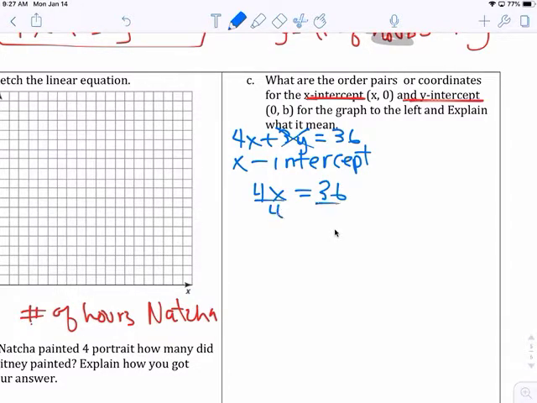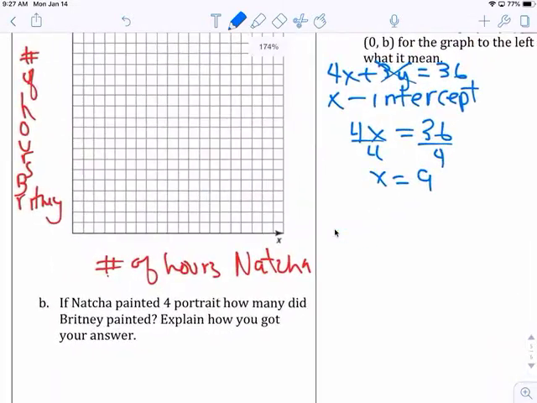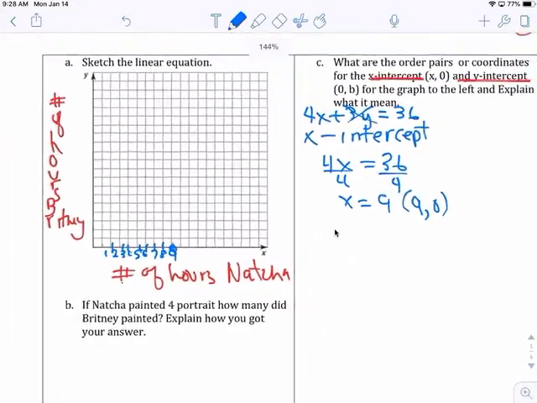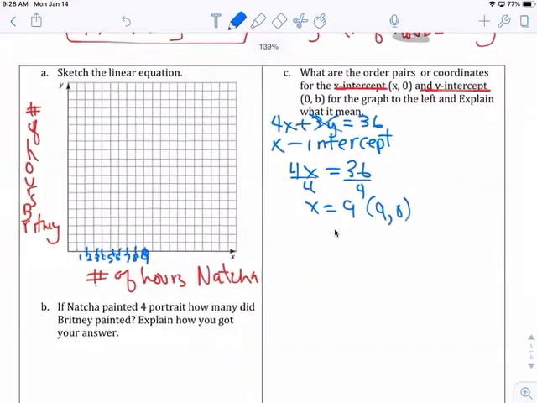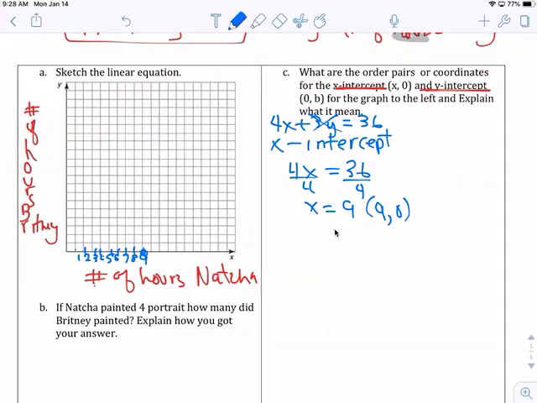Divide by 4. X is 9. 1, 2, 3, 4, 5, 6, 7, 8, 9. Okay, that's (9, 0), right? Natcha has to work 9 hours when Brittany cannot work at all.